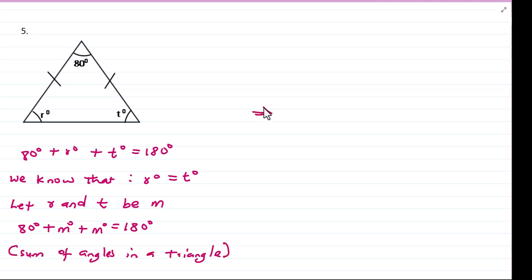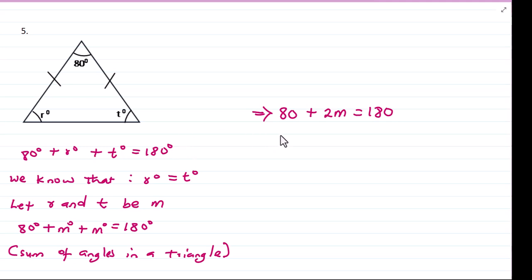Let's continue from this point. Now we have 80 plus 2m is equal to 180. This question is actually a little bit confusing, but pay attention. Remember, we are now using our r and t as a single variable because they are exactly the same. So let's not make them different, so things are not going to be complex or confusing for us.